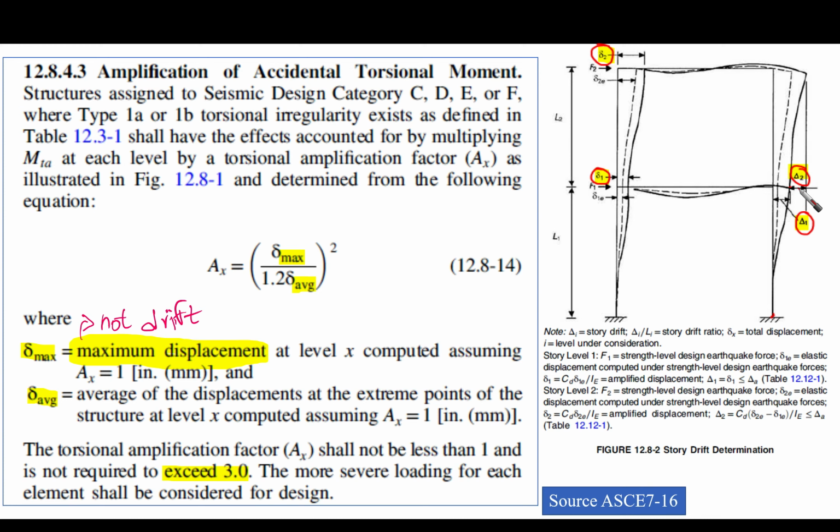However, this one, which is the difference between the two, this is the ultimate point of floor 2, and this is the ultimate point of floor 1 after inelastic. The difference between the two is delta 2. So this is the difference between the small delta and the big delta. This is the drift, this is the absolute displacement.